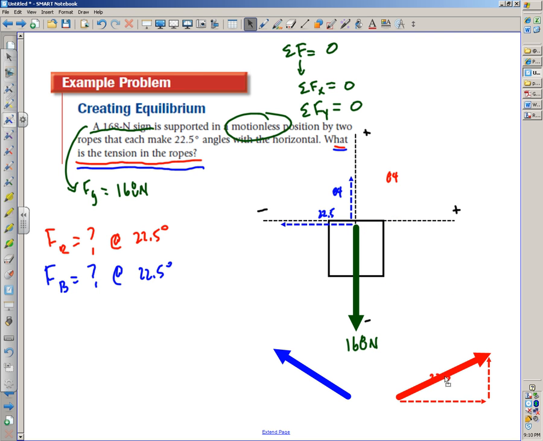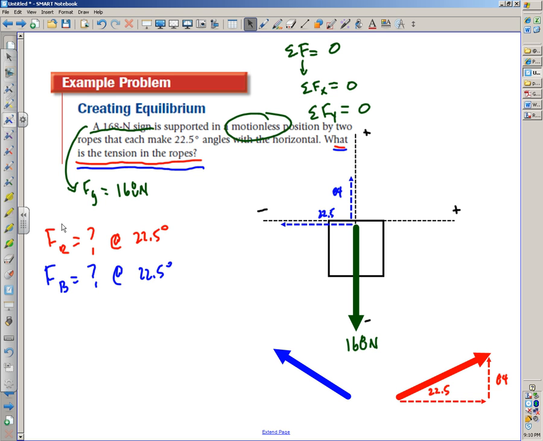And we know one of the angles of that triangle, and now we know one of the sides of that triangle. Remember, this all stems from the idea that we got to have equilibrium on the x-axis and equilibrium on the y-axis. There were 3 forces on the y-axis, 2 up, 1 down. The 2 upwards ones have to balance the 1 downward one.